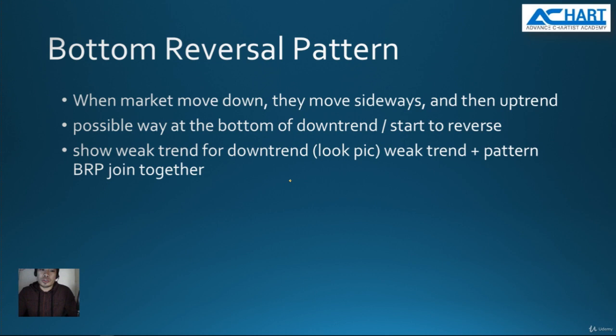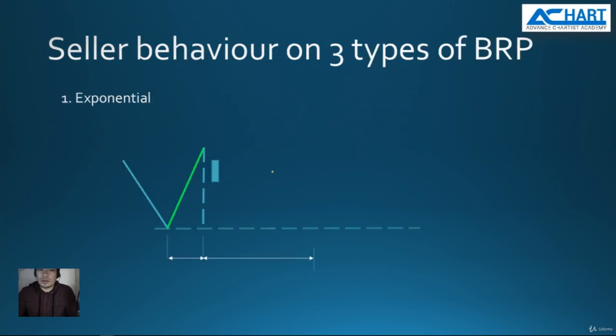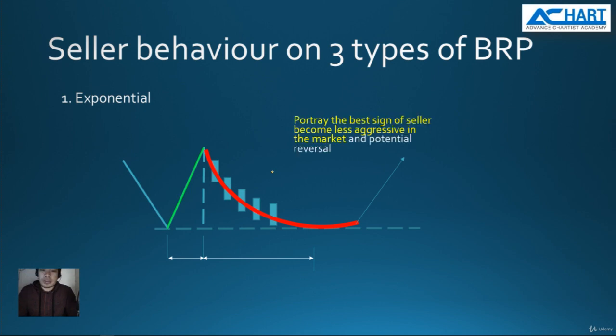Now this is seller behavior on the three types of bottom reversal pattern. Number one is exponential. We can see the candlestick makes this kind of parabolic movement. This is the best indication, the best sign of the seller becoming less aggressive in the market and a potential reversal.